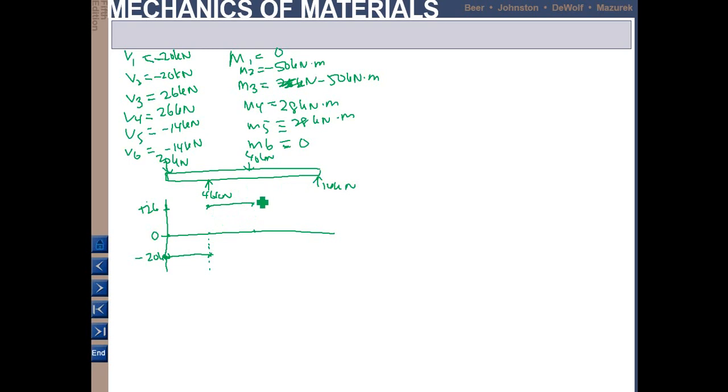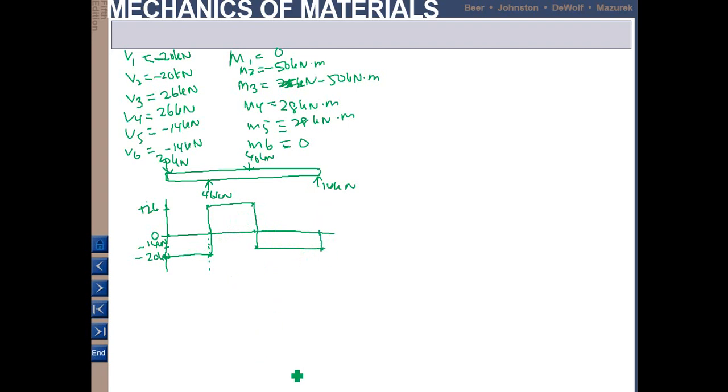And then V5 you got minus 14, so let's say this is minus 14, and then V6 is also minus 14, so this is 6, so it's a straight line. Okay, so this is negative, this is positive, and then this is negative.